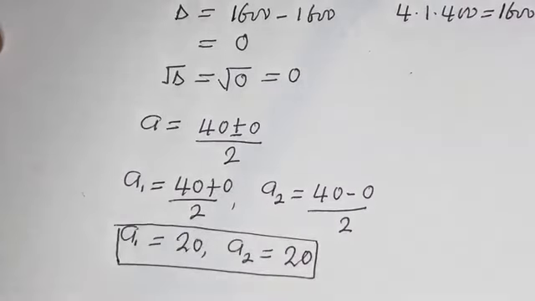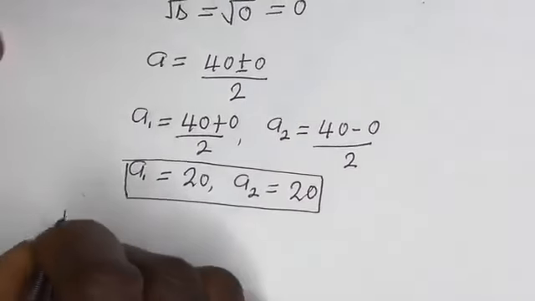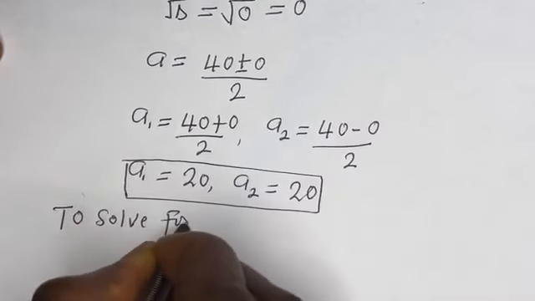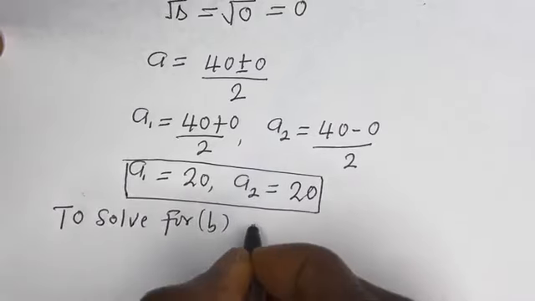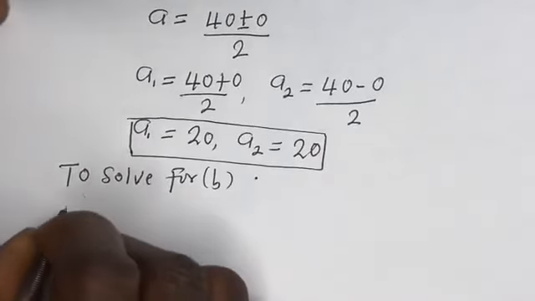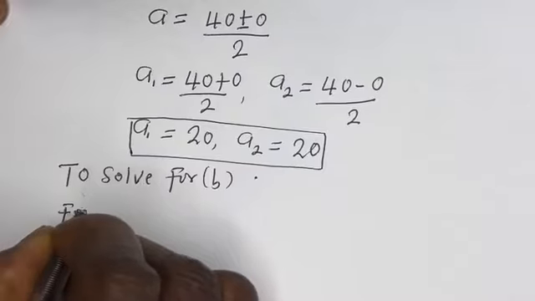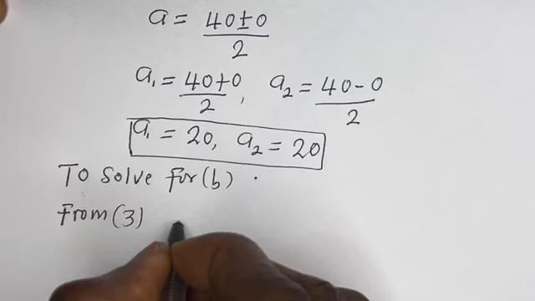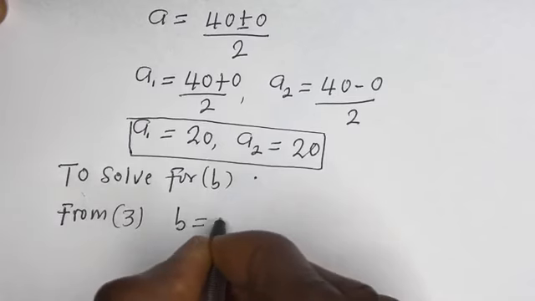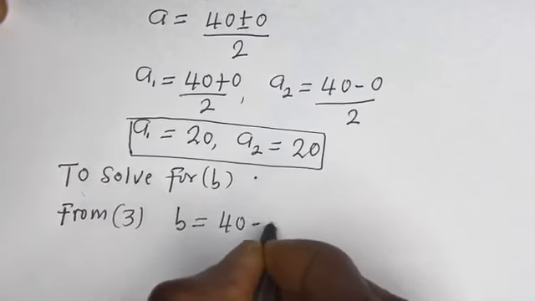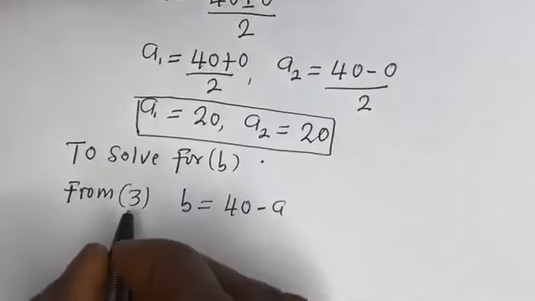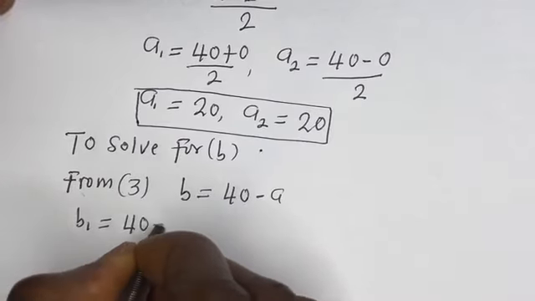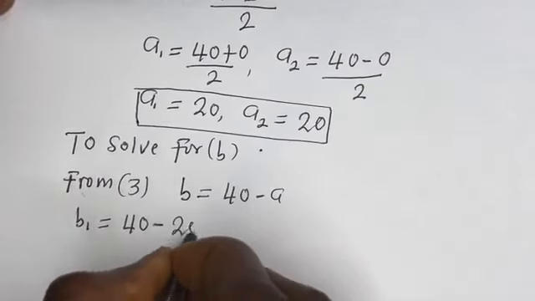Now let us solve for B1 and B2. To solve for B, from equation 3, B is equal to 40 minus A. Then B1 is equal to 40 minus A1, which is 20.